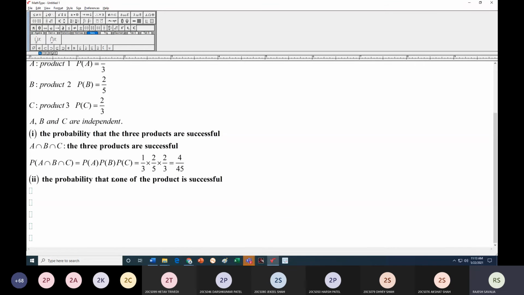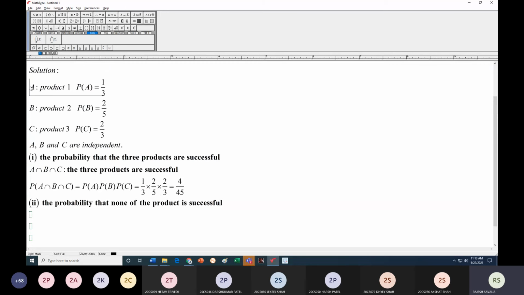Second says the probability that none of the products is successful. तो क्या होगा? None of the product का meaning क्या होगा? मैथमेटिकल नोटेशन क्या होगा? अगर सक्सेसफुल के लिए ए नोटेशन है तो सक्सेसफुल नहीं है उसके लिए क्या नोटेशन होगा? उसका ऑपोजिट A complement.